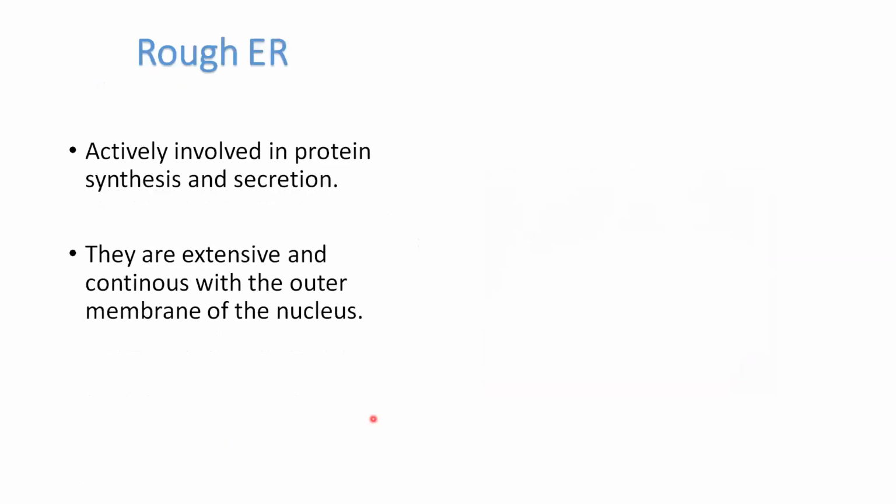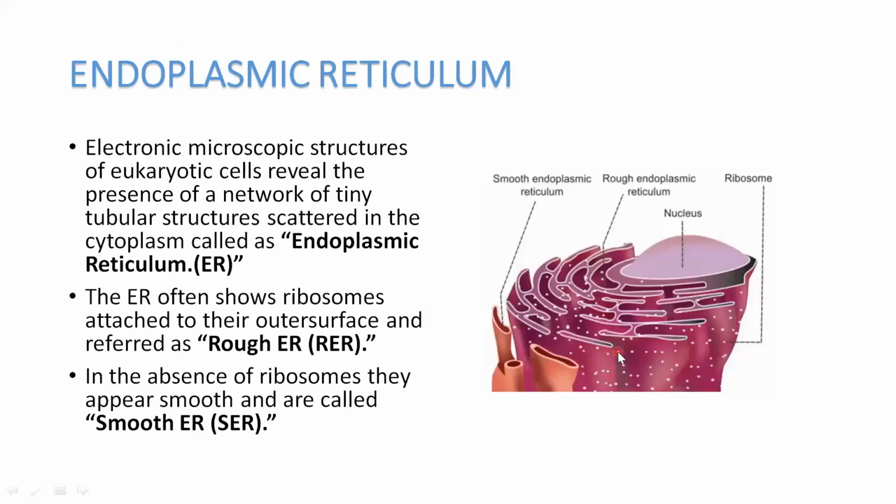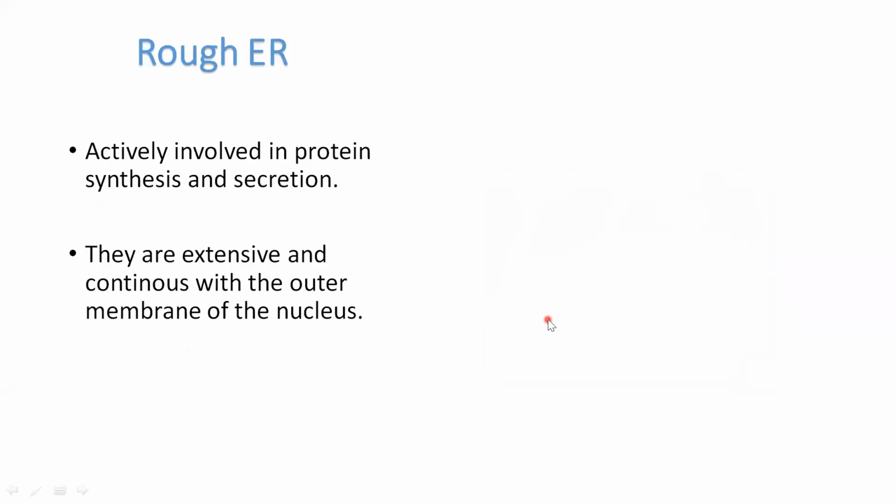As we know that ribosomes actively take part in protein synthesis, the rough endoplasmic reticulum is responsible for protein synthesis, whereas the smooth endoplasmic reticulum is responsible for lipid synthesis, or steroid hormone synthesis in the case of animals.